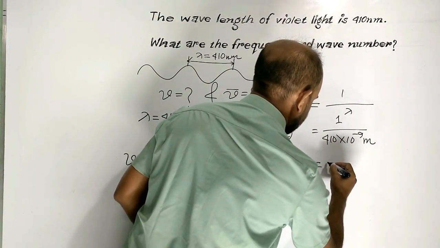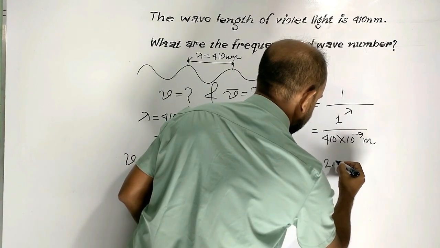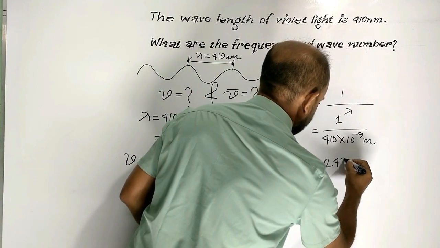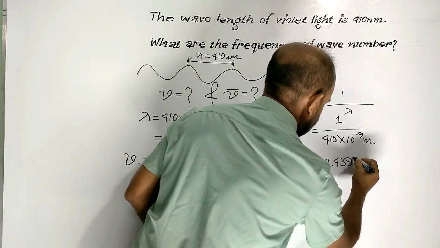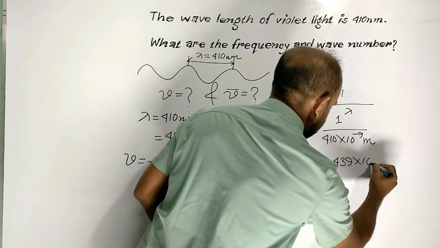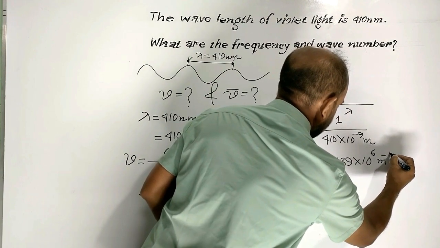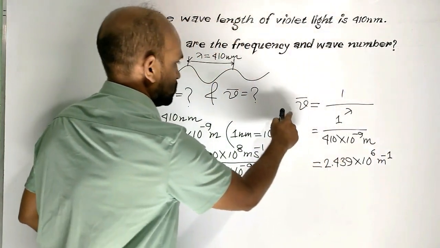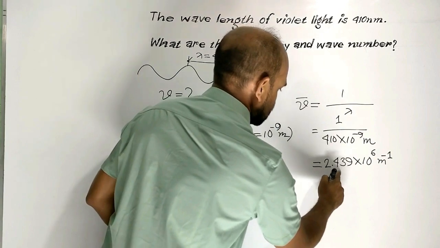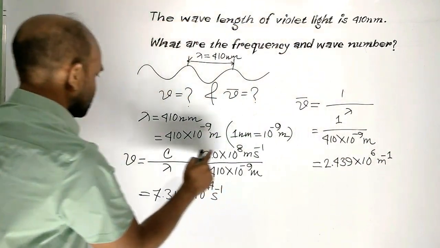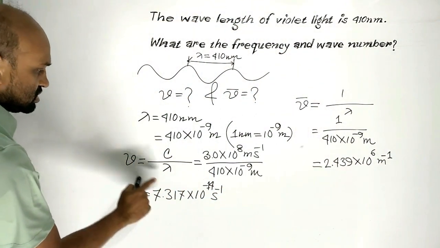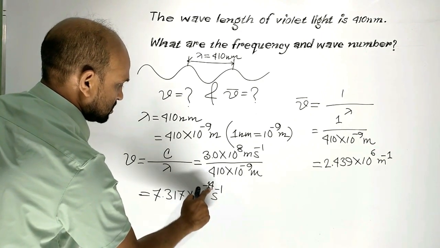This is equal to 2.439 times 10 to the power 6 per meter. That is, wave number is this per meter and frequency is this per second.